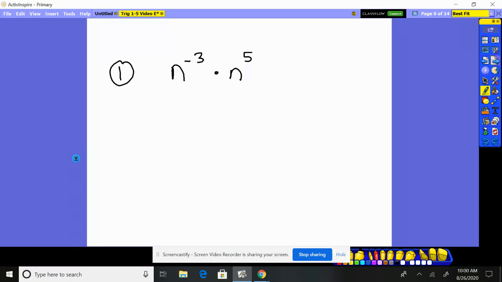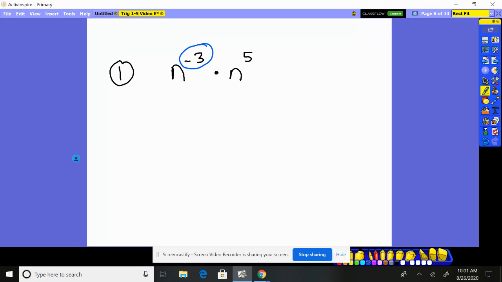So let's look at problem 1 here. We have n to the negative 3 times n to the 5th. Well, let's think what it means. n to the negative 3 means that n to the third power is down below in the denominator. So whenever I see a number that's raised to a negative exponent, it's going to tell me, move it to the bottom.